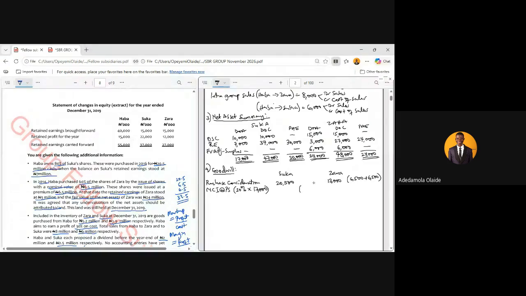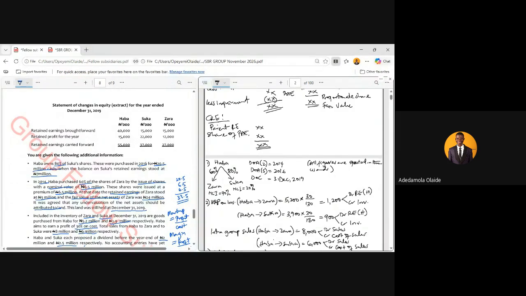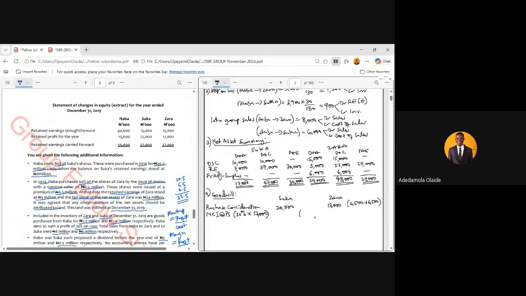While in Zara, NCI holds 40%, and the value of the asset is 24,000. So 40% of 24,000 will be 9,600, while 20% of 17,000 will be 3,400. Yes.